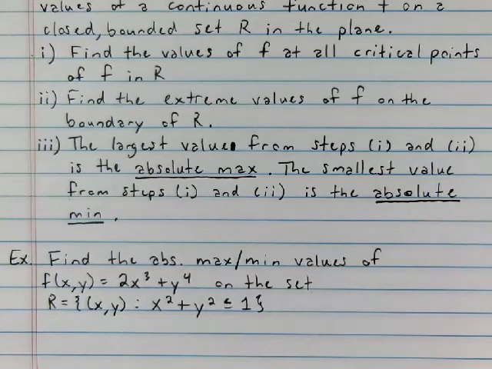We'll see this notation a lot for when we start talking about domains, and we'll see it a lot later in the course. This is just the set of points x, y that satisfy this inequality. So it's any x, y such that x squared plus y squared is less than or equal to 1.